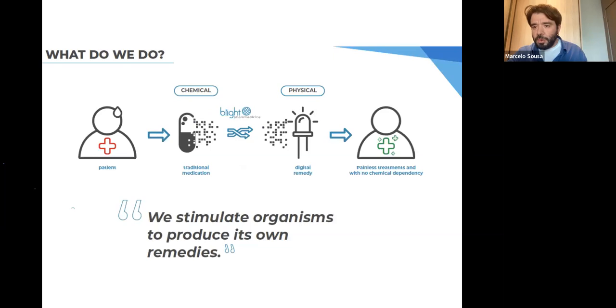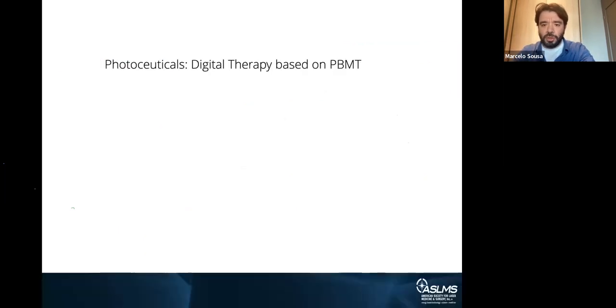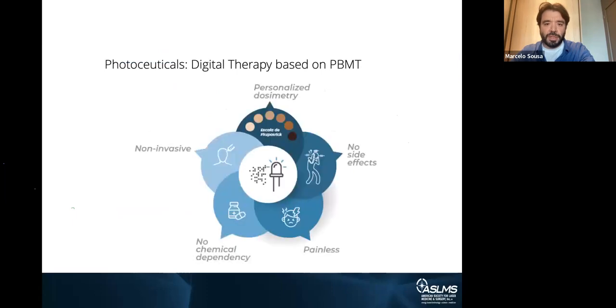So right now, I will not enter into so many details, but the company that I founded, Bright Photomedicine, works precisely in the creation of those photoceuticals that, as I told you, are the stimulus with photons to enhance the production of endogenous substances, endogenous remedies.